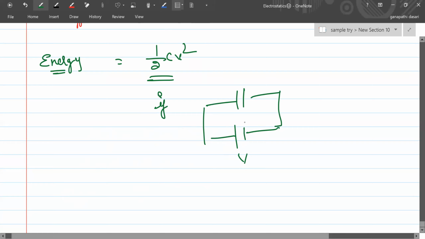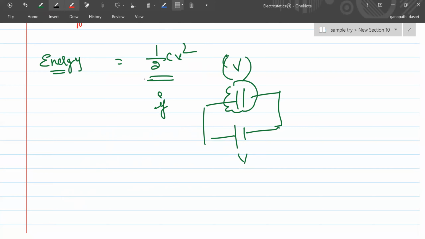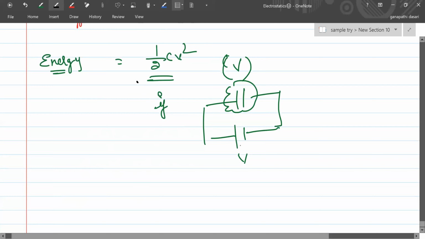The battery will charge this capacitor till the capacitor gets a potential difference of V, because once the same potential is attained, there will not be further transfer of charge to the capacitor. To transfer this charge of Q on the capacitor, the work done by this battery will be equal to VQ, that is CV square.